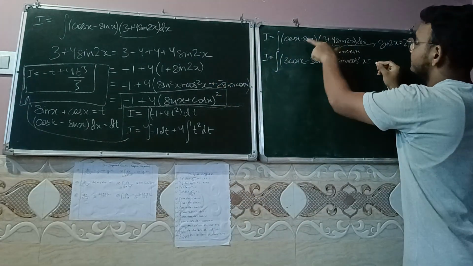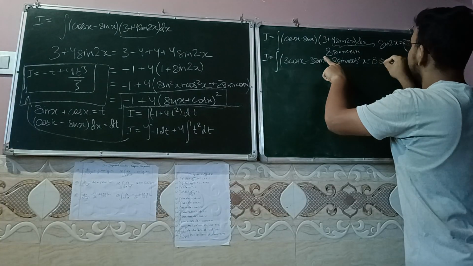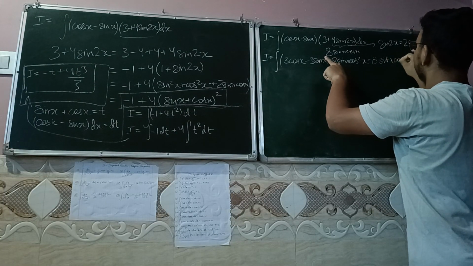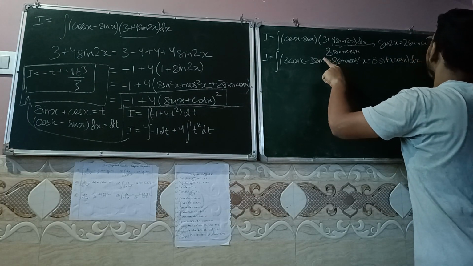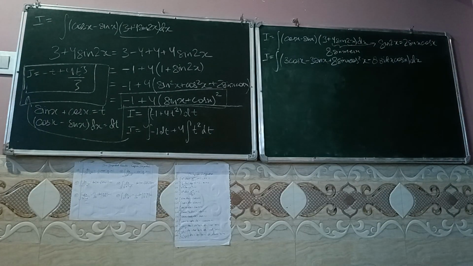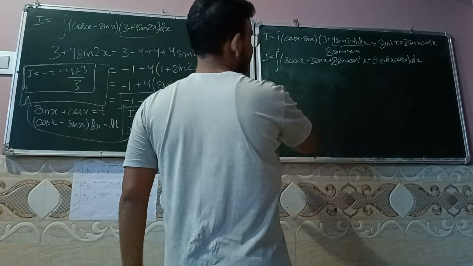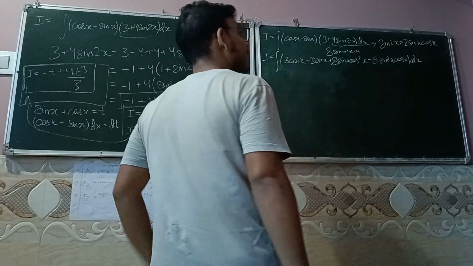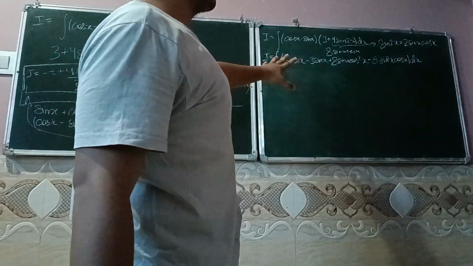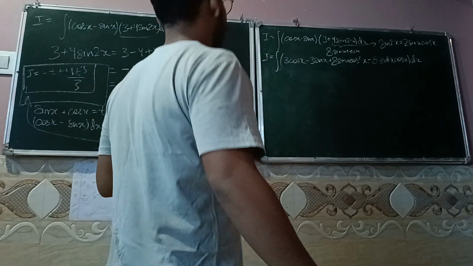And negative of 8 sin squared x cosine of x dx, right? And now I will break this integral into 4 parts and solve them individually, and now it can be seen that it is very easy to understand.